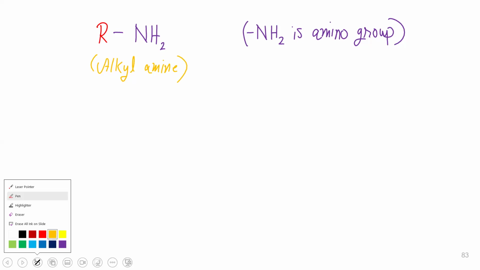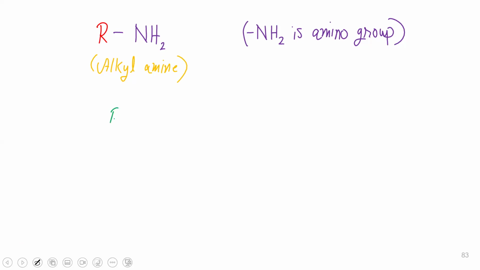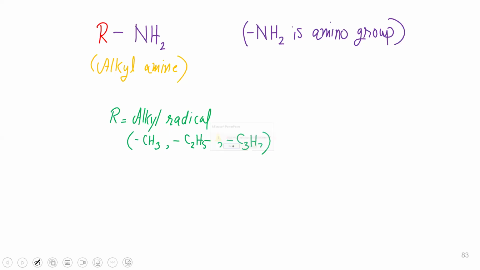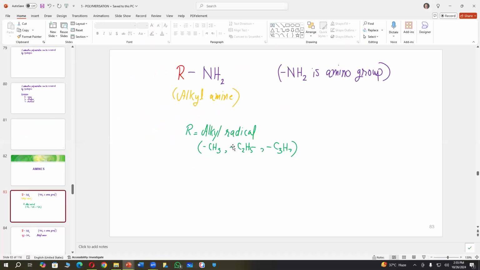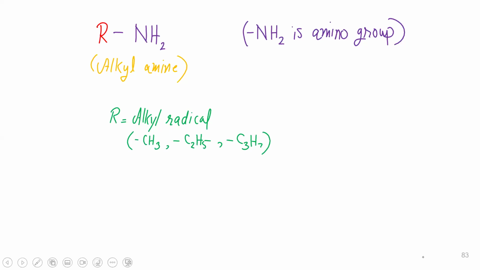And what does R stand for? Alkyl radical. Yes. R stands for alkyl radical. So it can be CH3, it can be C2H5, it can be C3H7, any one of them. 2 carbon means ethyl, 3 carbon means propyl.